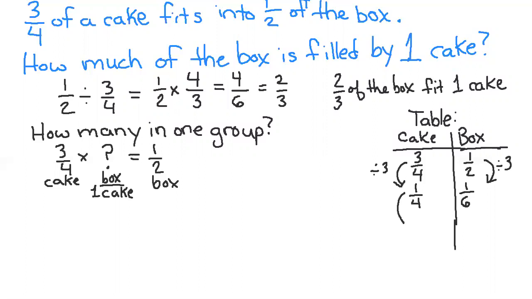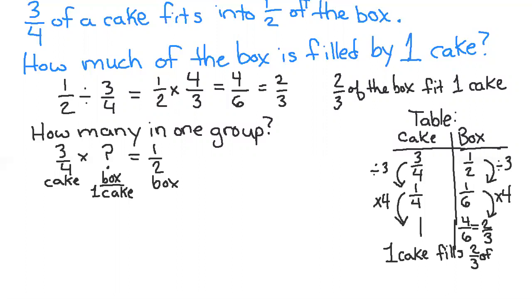If we multiply by 4, then we'll know something about one cake. When we multiply both sides by 4, we see that one cake fits into 4/6 of a box, which we reduce to 2/3. So one cake fills 2/3 of the box.